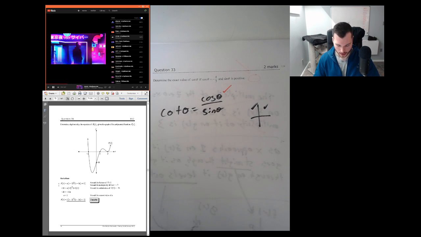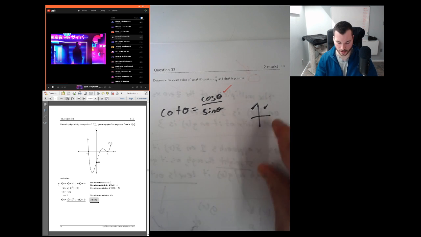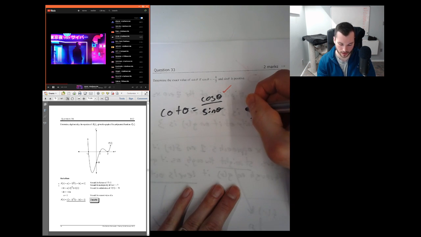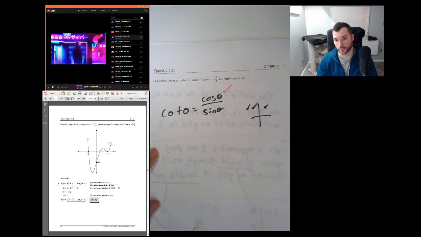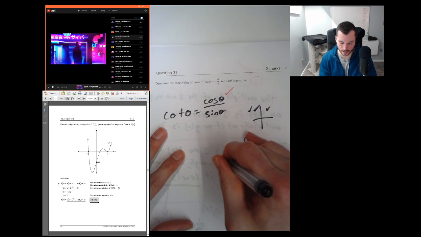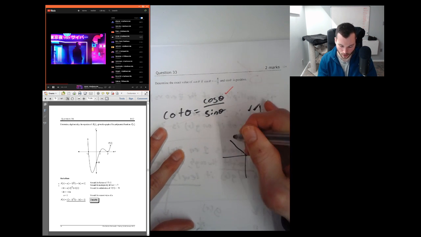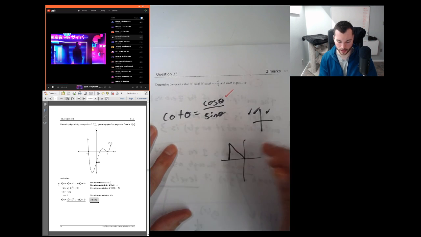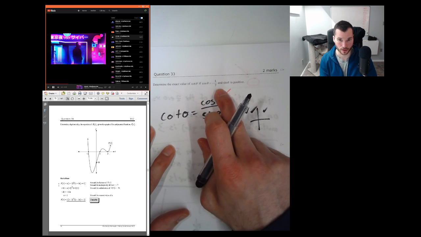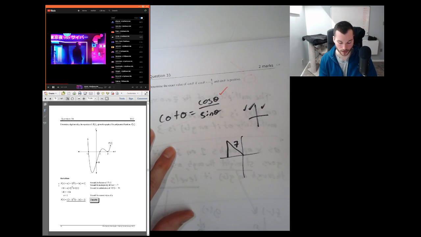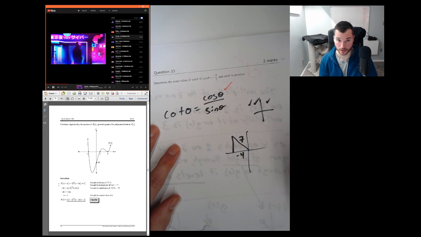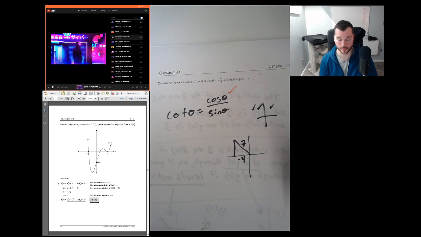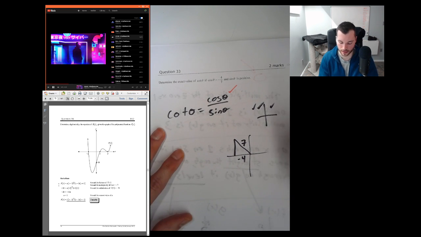Anyways, we know sine x is positive, but cos was given to be negative, so we know that we're in quadrant 2. So we are going to do a nice little sine diagram. We know cos theta is x over r. R is always going to be positive. X coordinate is negative. We're going to have to do the Pythagorean theorem, but remember, exact values, so you can't have a calculator.